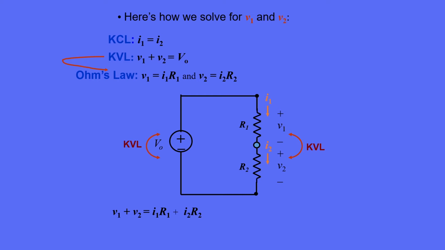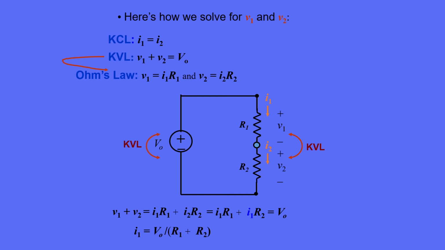First, we take KVL and write the voltages in terms of their current resistor products as given by Ohm's law. We next make use of the KVL expression to express I2 in terms of I1. We solve for I1.